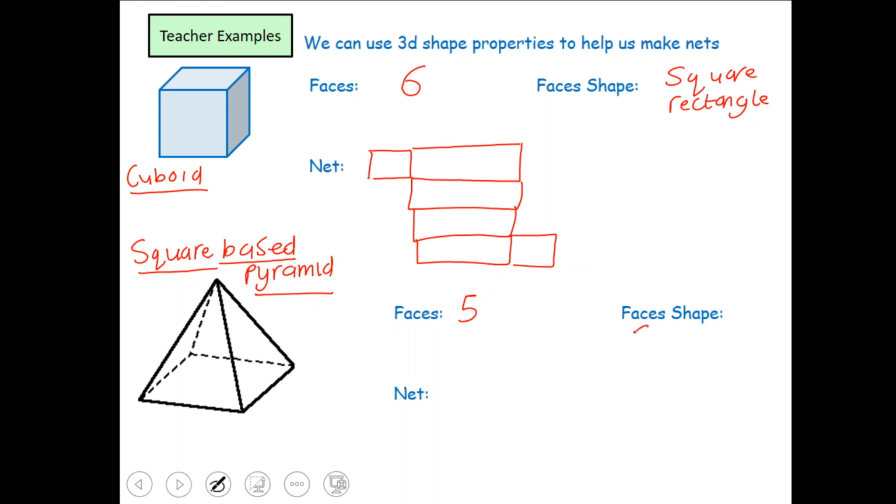So you've got a square and you've got triangles. What is the net? If you have to open this shape up, how would it look? Just to check if we are right, we've got 4 triangles and 1 square, which gives you 5 faces.